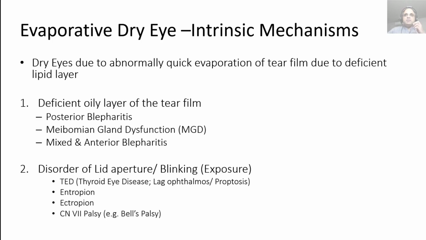You could have your lid margin turn inwards or outwards, as we'd already done, and we talked about ectropion and entropion. In all of these cases, your blinking is affected, or your lid aperture is affected, and can also cause a dry eye, primarily because of exposure. And because exposure causes evaporation of tear film. The longer it is exposed, the more chances of it being evaporated.